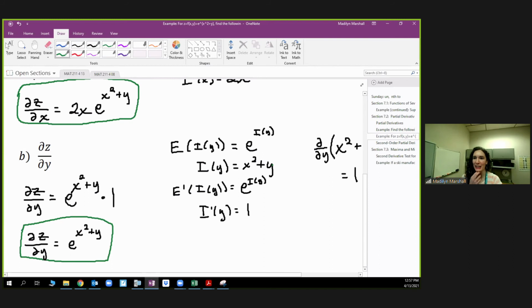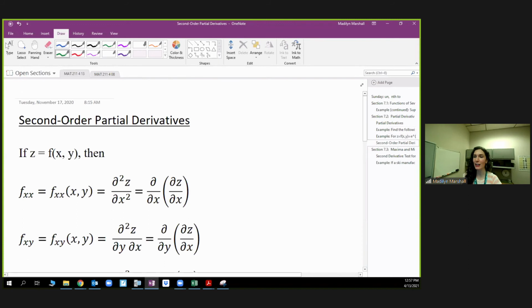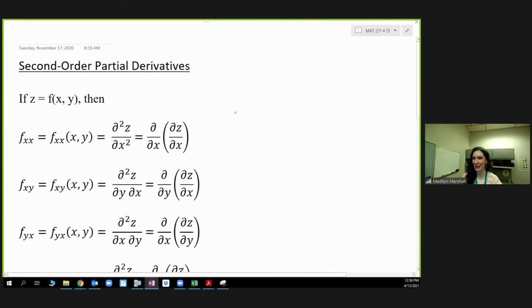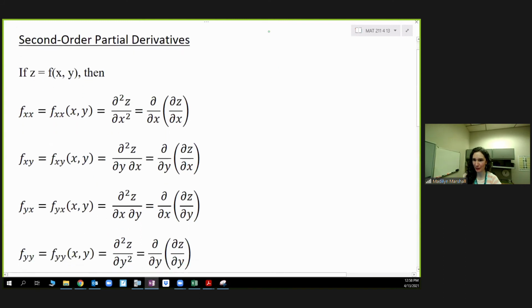But we do need second derivatives here as well. So we call them second order partial derivatives. So our notation gets even more fun for second order partial derivatives.